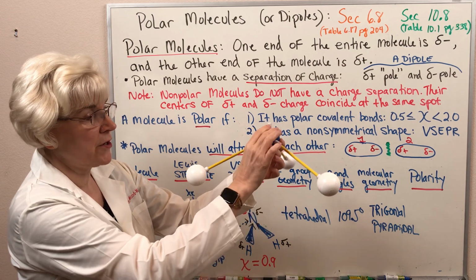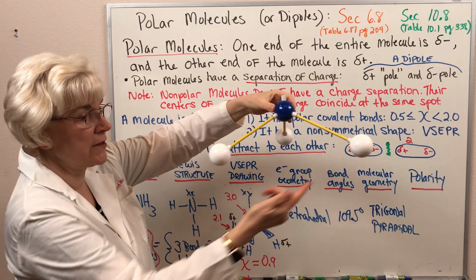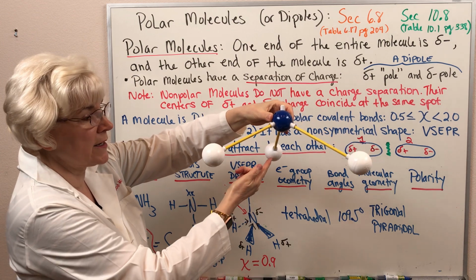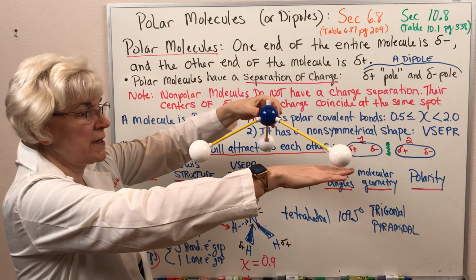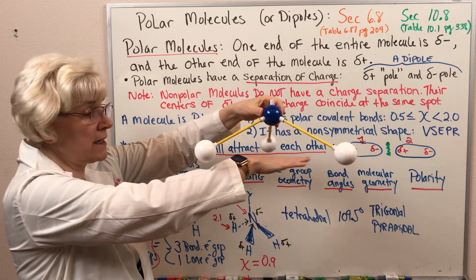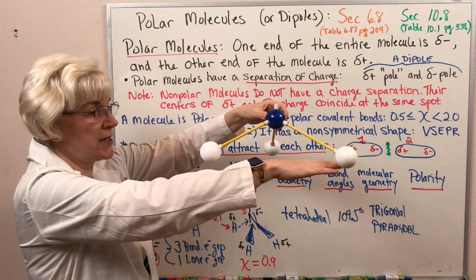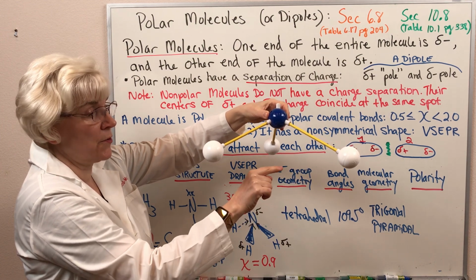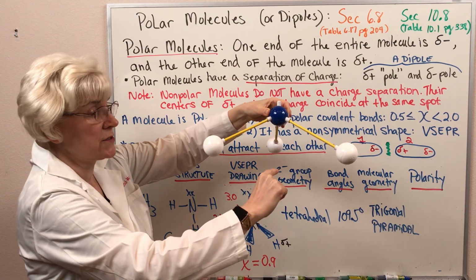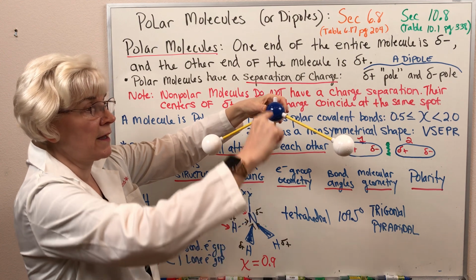Where is the center of partial positive charge? Well, if we have partial positive charge here and here and here, the center of partial positive charge must be in the plane formed by these hydrogen atoms and right in the midpoint of it. So right about here. So notice my finger.